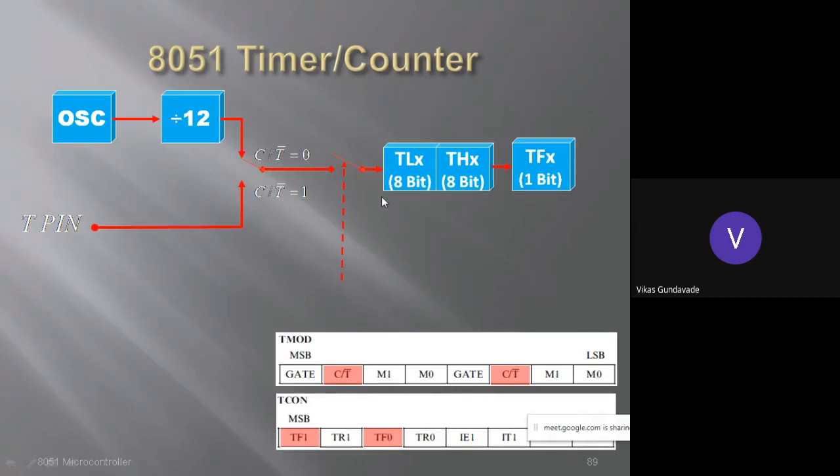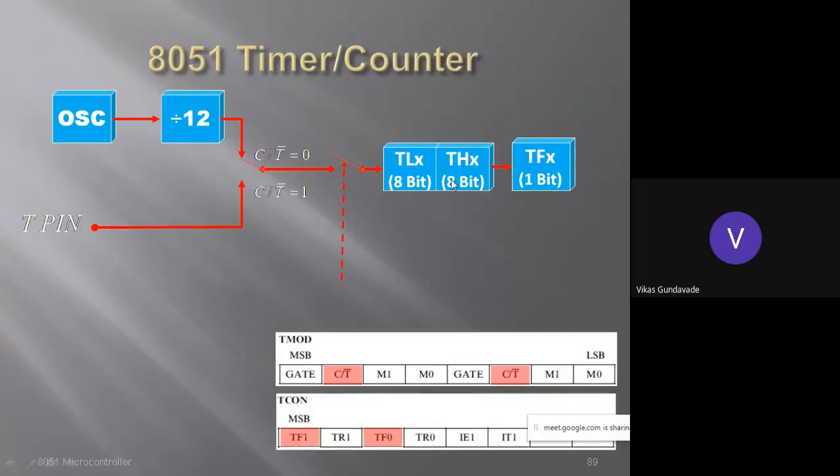The maximum count that can be loaded into THx and TLx is FFFF, so the count will be from 0000 to FFFF. When the count overflows, it will generate the interrupt by setting the TFx bit. This TFx bit is available in the TCON register.